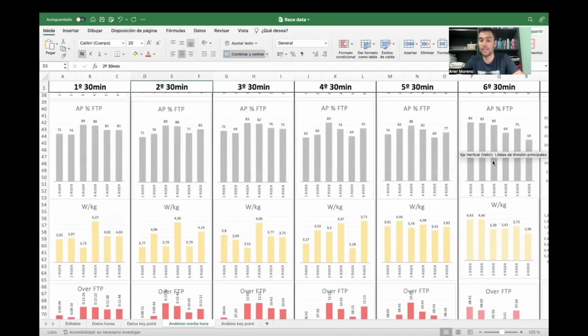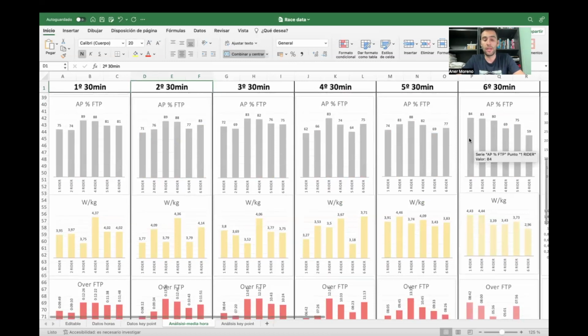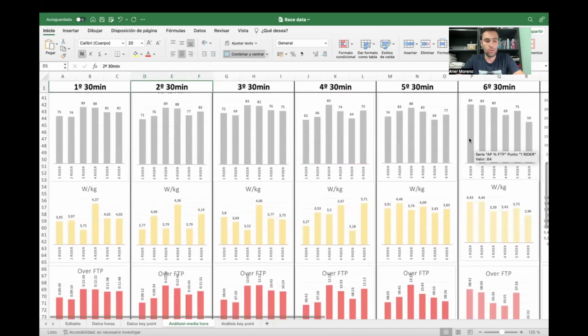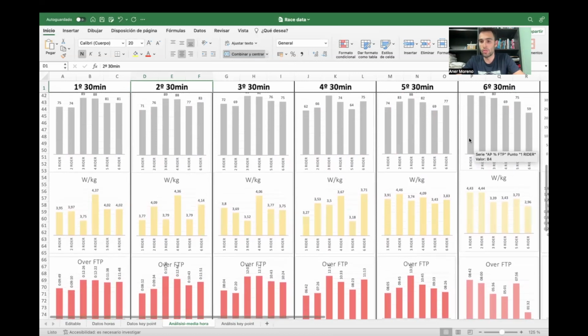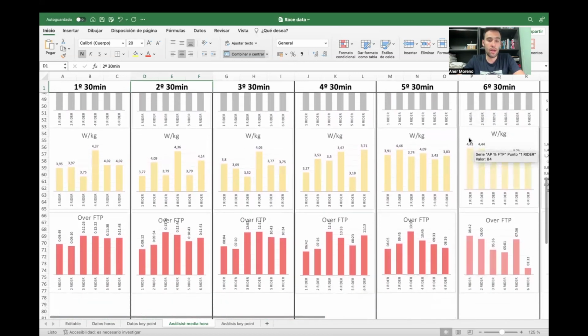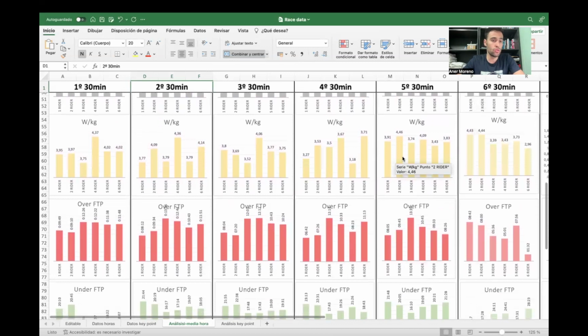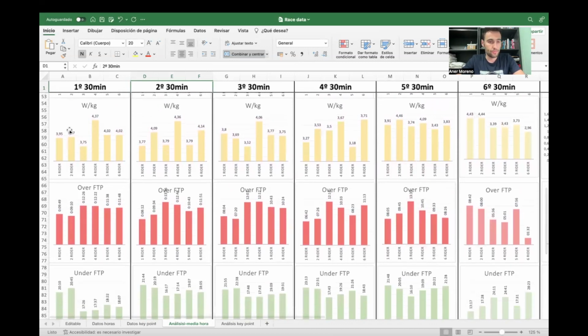They are working at a higher percentage of their FTP than the other ones because they are able to sustain that. This is the repeatability which I have been speaking about so many times, also in the paper published by Muriel Barranco, Manuel Mateo, and those researchers.